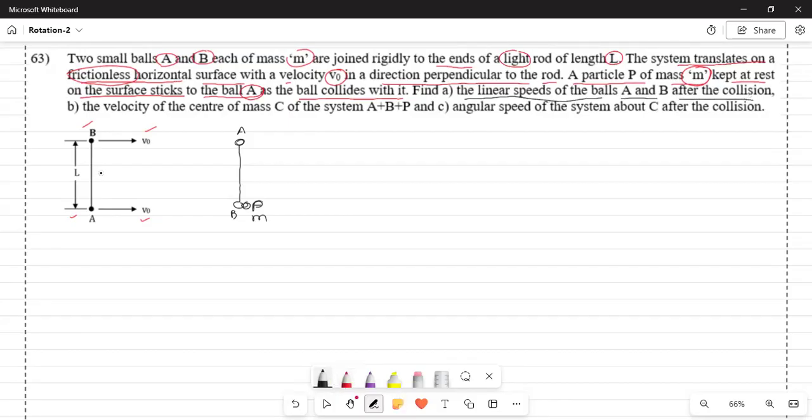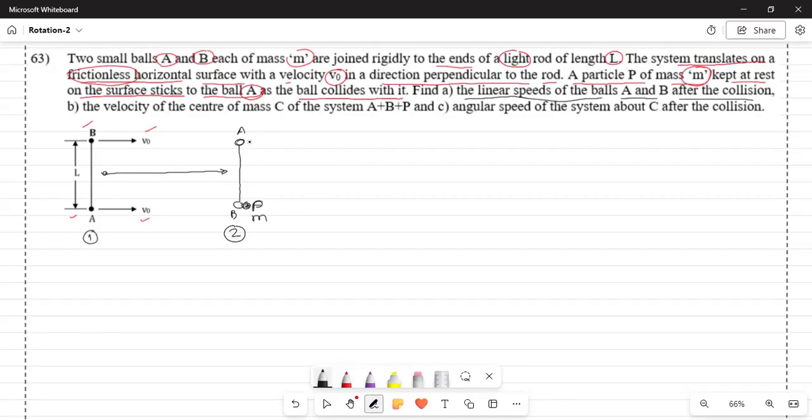So the body was first here, it has moved and come here. Say this was situation 1 and this is situation 2, when the particle P has stuck to the ball B. Now, we want to find out what is the velocity of A and B at this time.